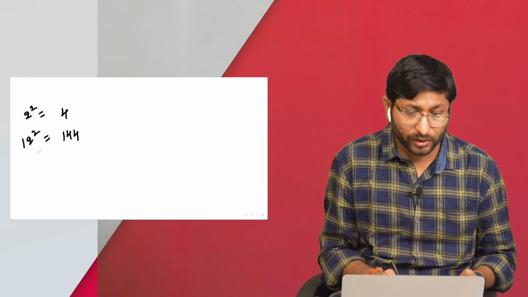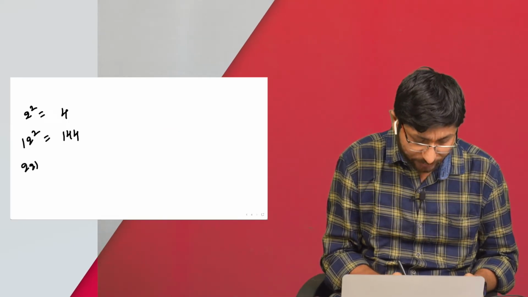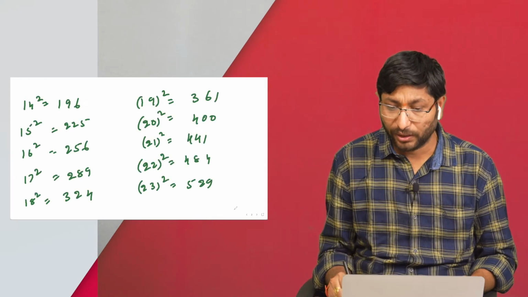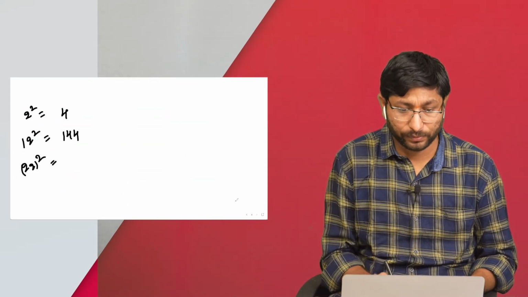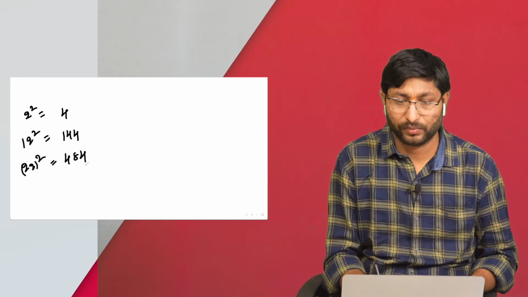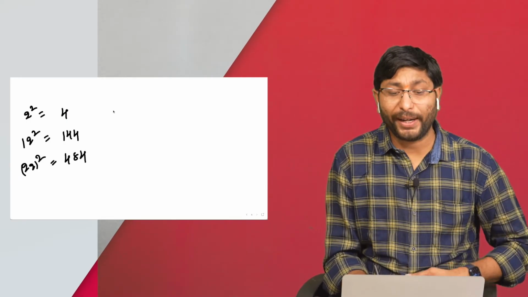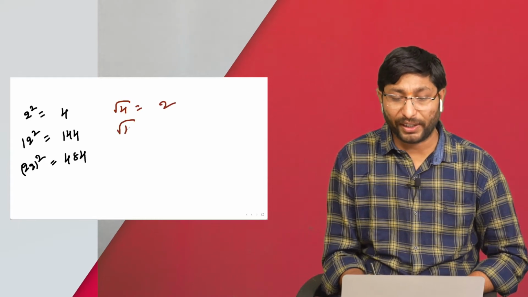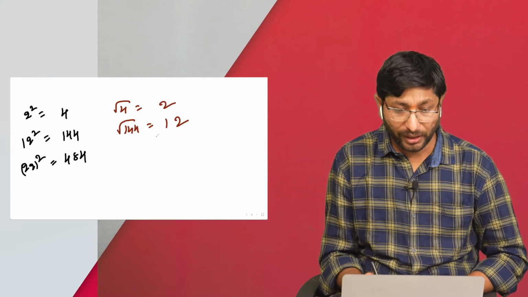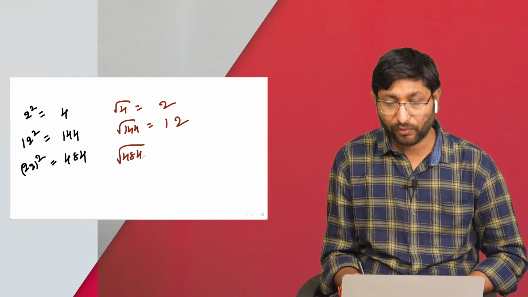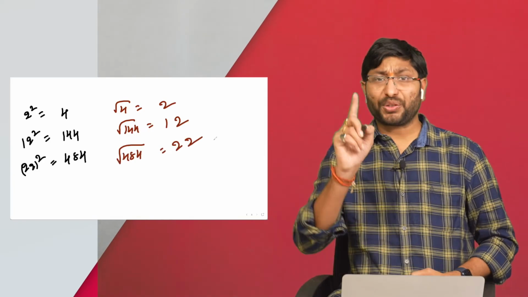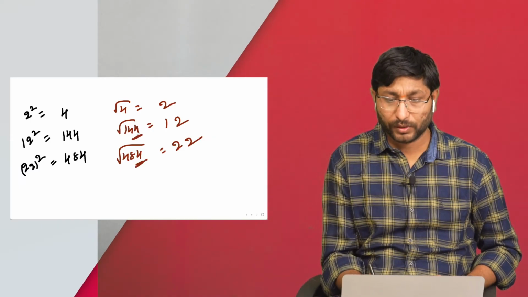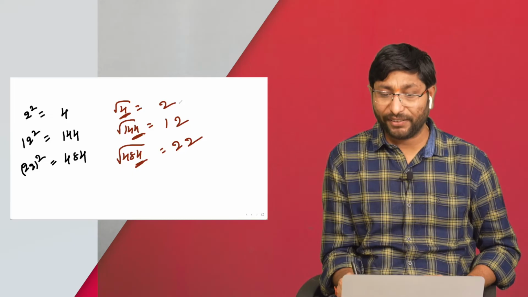What is 22 square? 484. Now, the square root of 4 gives you 2, the square root of 144 gives you 12, and the square root of 484 gives you 22. If the square is ending with 4, the square root is ending with 2.